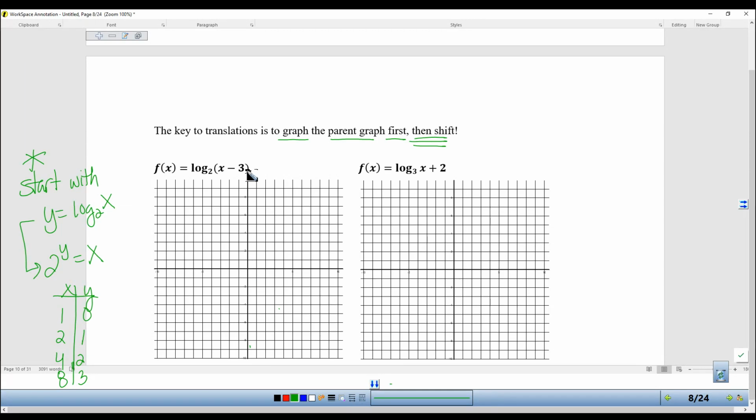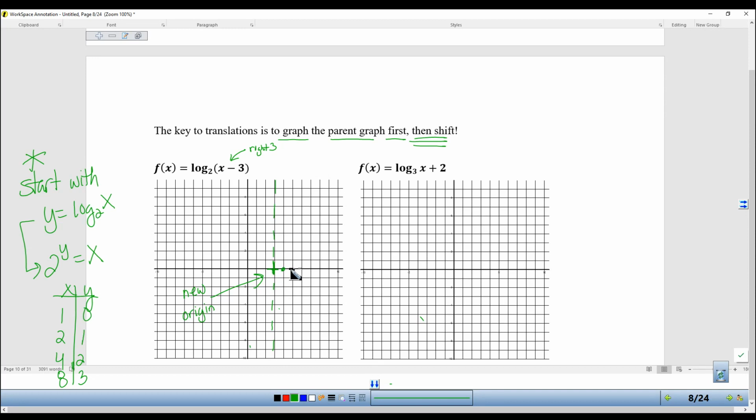All right, so I'm going to shift. You guys are going to love this. It's just the same as always. Because it's inside the parentheses, you're going to go to the right 3. So here's my new origin. And that means that this should be on there. And then this point. And that's my 1, 0. So I'm pretending this is my origin.